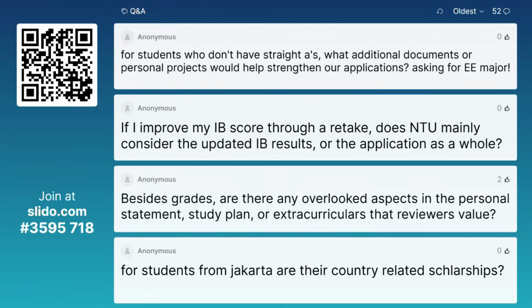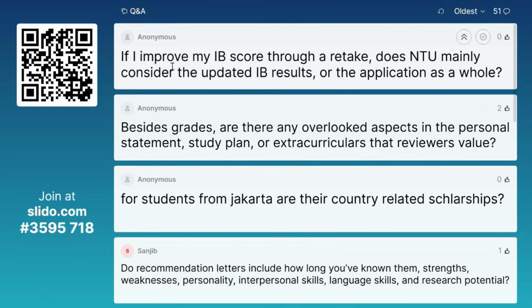For example, for EE, if you have your own side project or your own robotics project, that would be nice. And also sports or extracurriculars. When professors look at the application, they look at everything, whether your score is good and whether you have leadership skills, stuff like this.